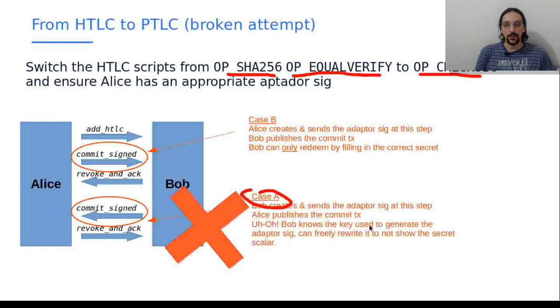And therefore, Bob has pretty much freedom to design this adapter signature in any way such that he doesn't necessarily reveal the secret scalar. So the most straightforward way of trying to bring PTLCs fails because of this problem.